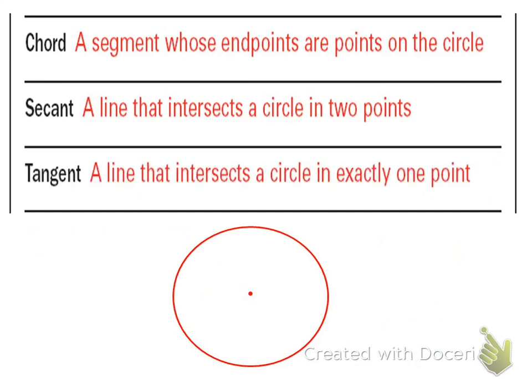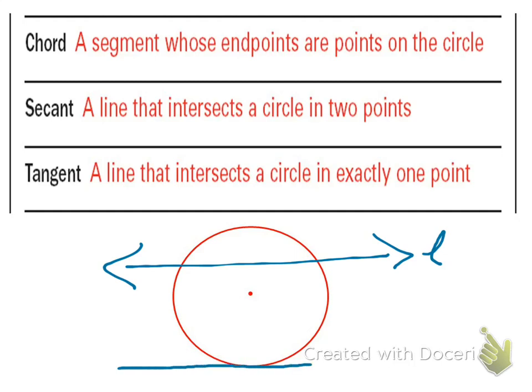So secants and tangents are both lines. So I'm going to draw a couple of lines. We'll call this one line L. And I'll draw another line down here. And we'll call this line M. Okay. Line L. Secant or tangent, Dion?